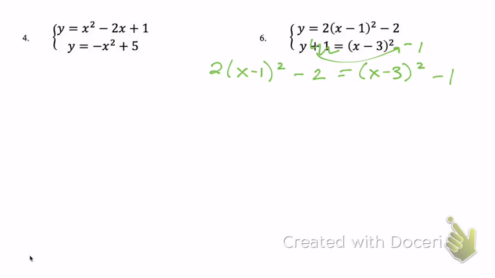When they're both in vertex form, you need to FOIL out so that then you can combine and simplify. So I'm going to write this as 2x squared minus 2x plus 1, and x squared minus 6x plus 9 minus 1.